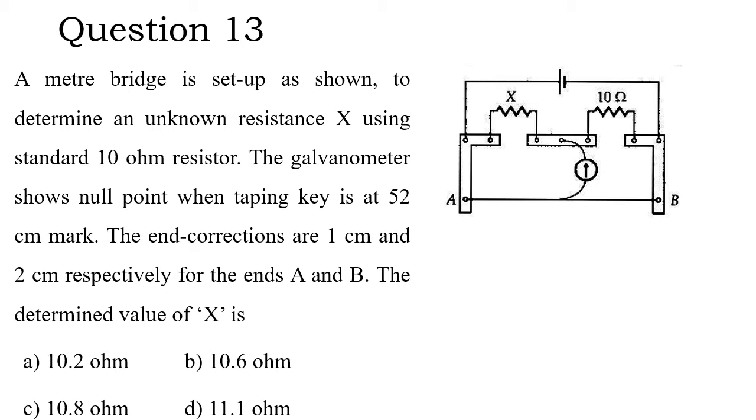The end corrections are 1 centimeter and 2 centimeter respectively for the ends A and B. The determined value of X is, okay. So this problem is based on the end corrections, and this problem appeared in IIT joint entrance examination. Now let's go ahead and take a look at this solution, but before that I'd like to explain to you what is end correction, my dear friends.